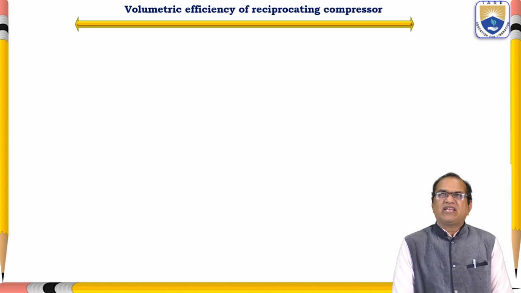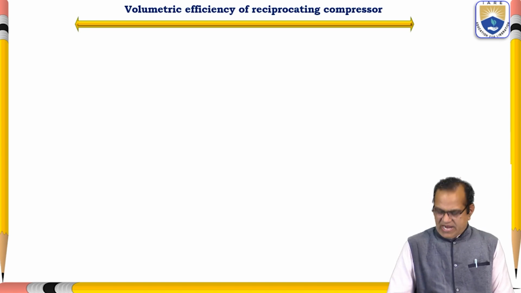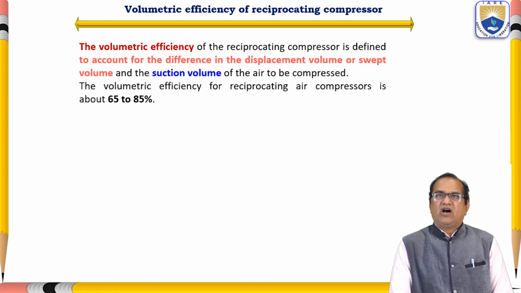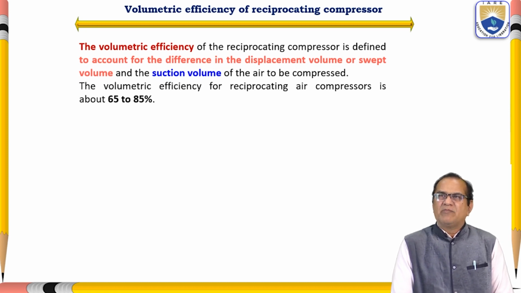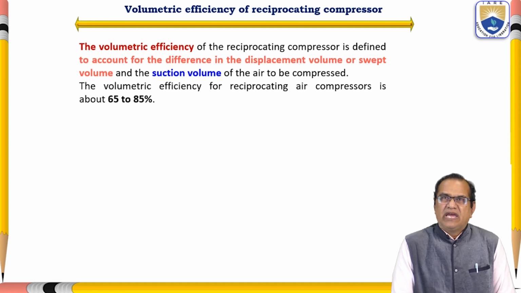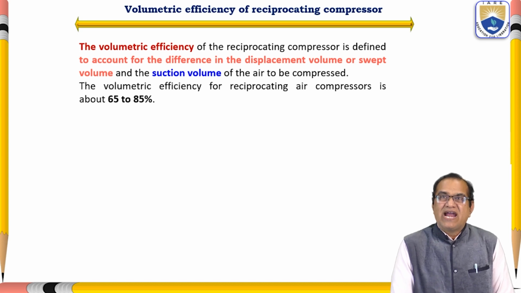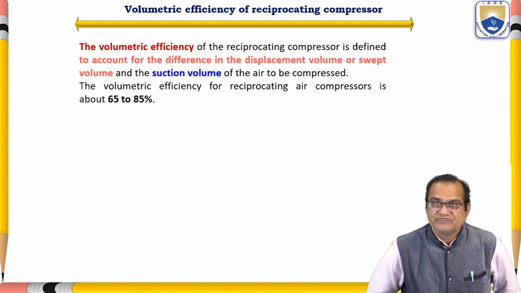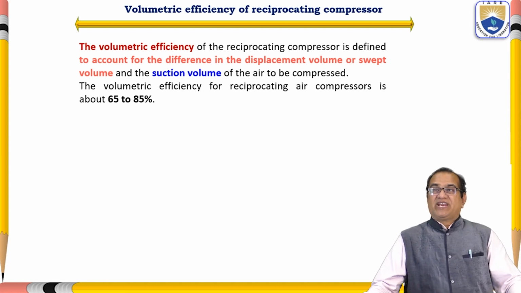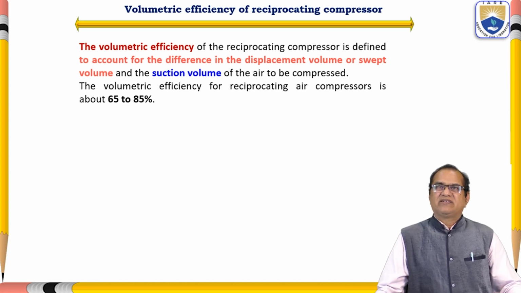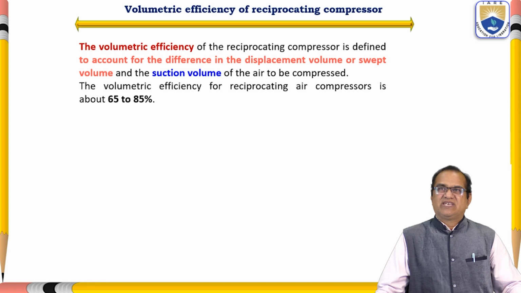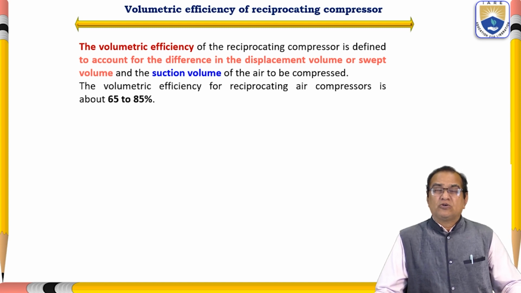So next topic is volumetric efficiency of reciprocating compressors, and in this we will see that the volumetric efficiency of the reciprocating compressor is defined to account for the difference in the displacement volume or the swept volume and the suction volume of the air to be compressed.